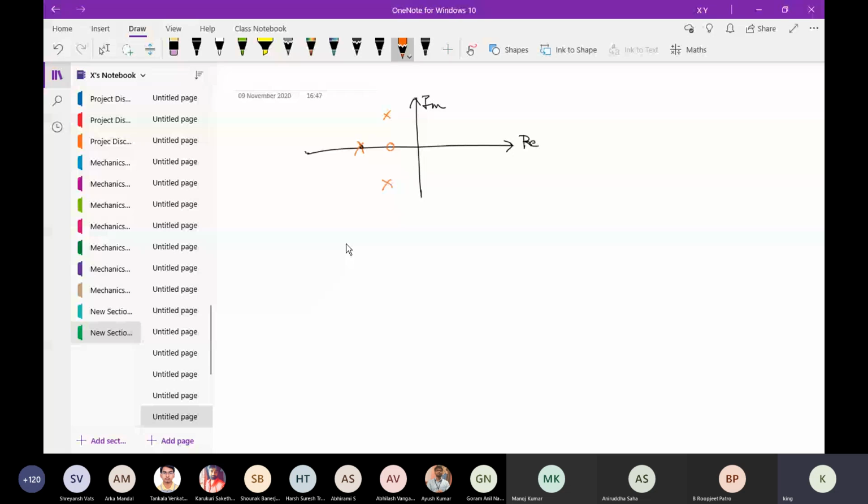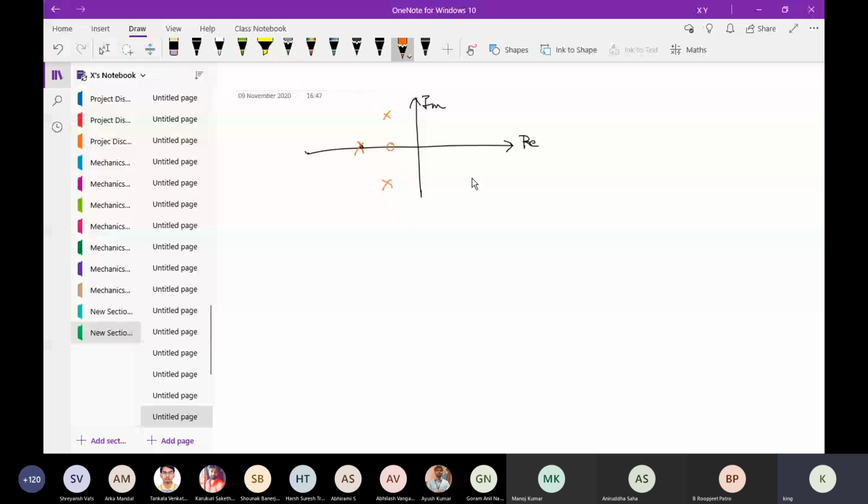So root locus exists to the left of an odd number of poles and zeros of the transfer function. So if I am here, then there is no question of odd number, it is 0.